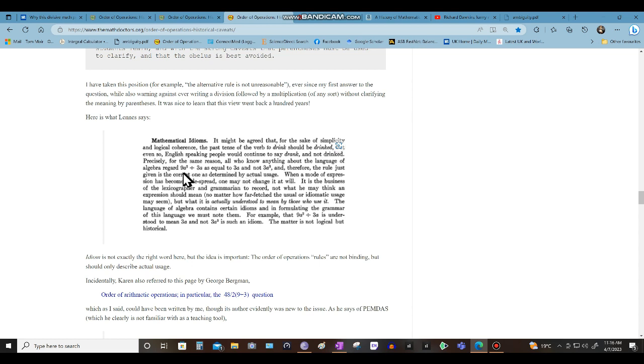But if you use the left to right method, which is proposed in many schools, you get 9a squared divided by 3. So there's a division there and a multiplication. So left to right, you get 3a squared, and then multiply by a, so you get 3a cubed.